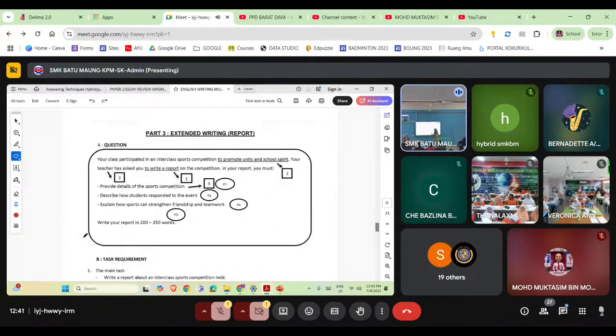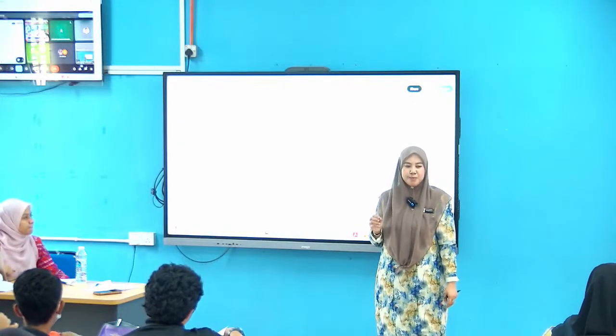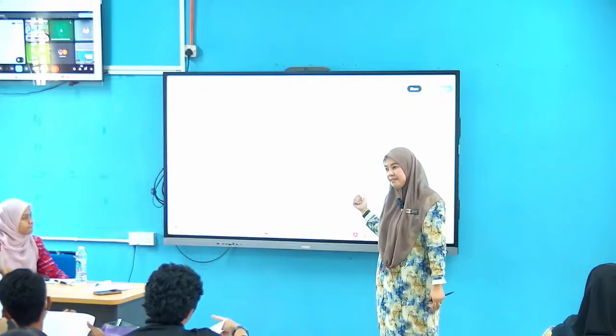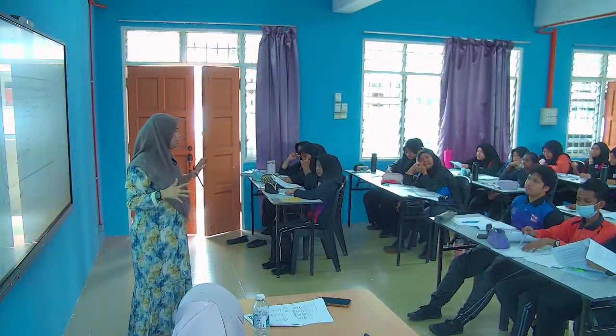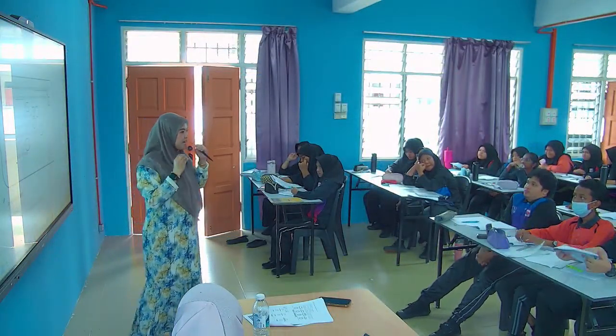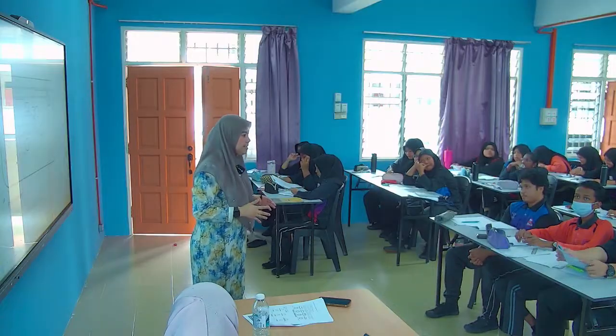Okay. Report. Report is, I would say, the hardest to score 20, especially for CA, communicative achievement, because you need to use very straightforward language. No flowery language. It should be direct and it shouldn't be in the form of a story.